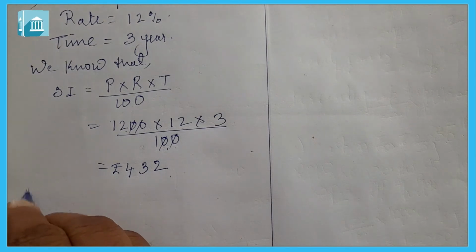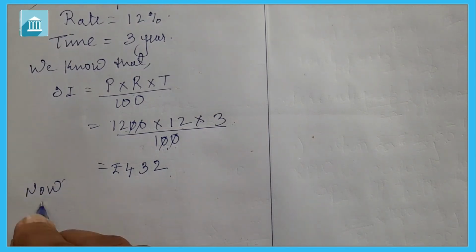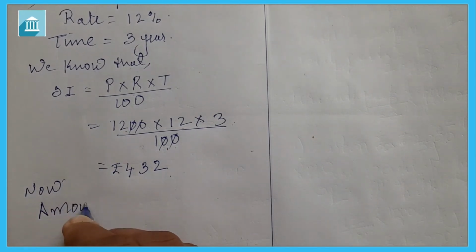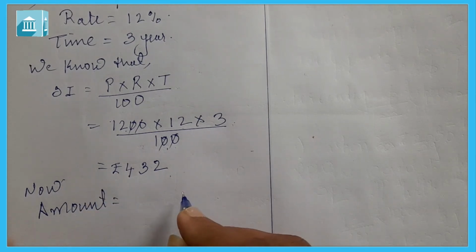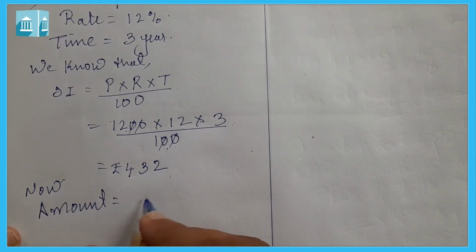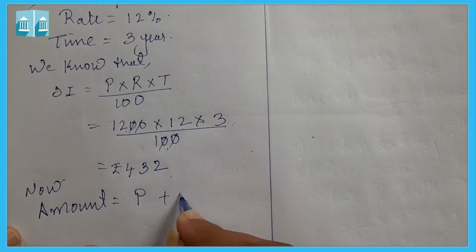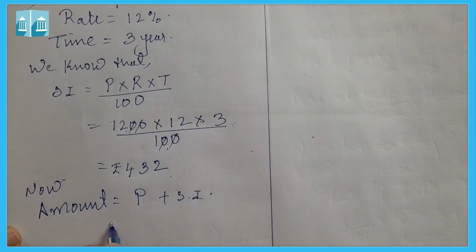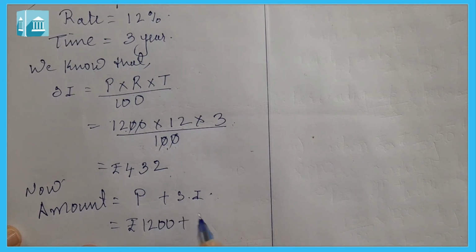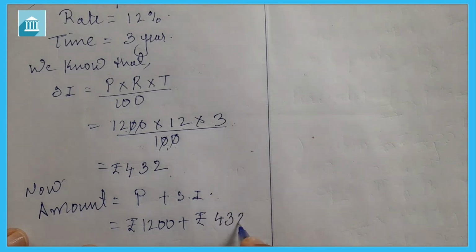Now we have to find the amount, which is equal to P plus SI, principal plus SI, which is equal to rupees 1200 plus rupees 432.